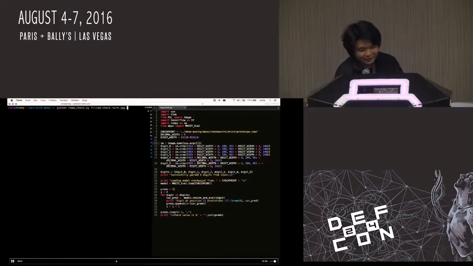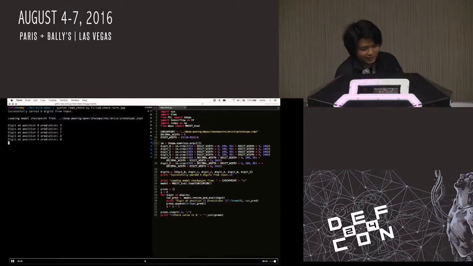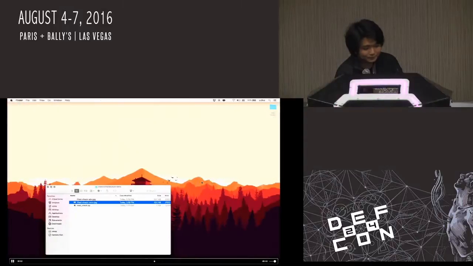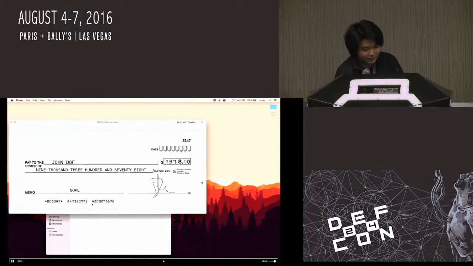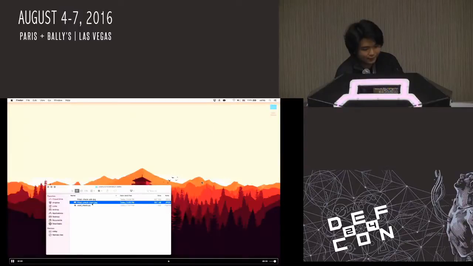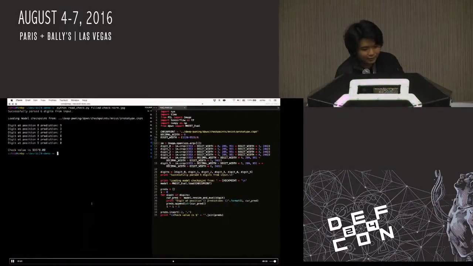This divides the image up into pixel matrices, and then it reads the digits. It's loading the model, predicting the digits: 937800, 9378.00. That's correct. Okay. Now we're going to do the same for the adversarial image.